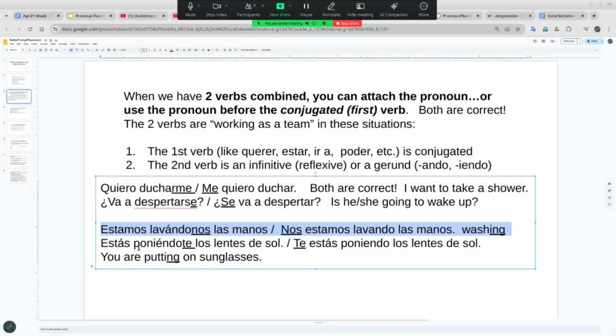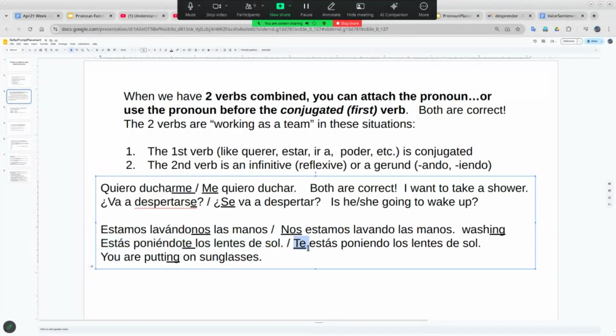Here's another example. Estás poniéndote los lentes de sol. You're putting on your sunglasses. Estás poniéndote. We can slap the te onto the ing kind of verb, poniéndote, right?